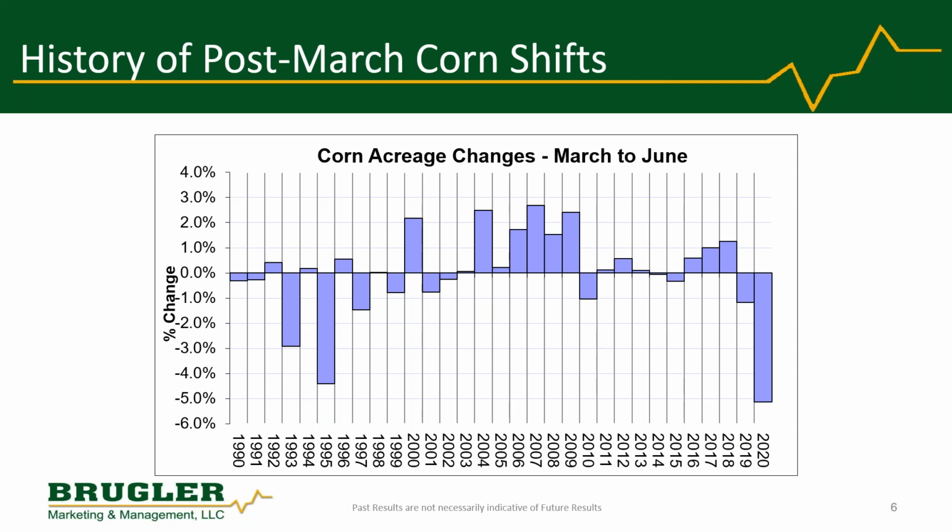So USDA found almost 97 million acres in the March intentions and was not anywhere near that got in the ground. But the point is, big negatives the last 2 years, but before that we had a string of years where the June intentions were larger than the March. Next slide.